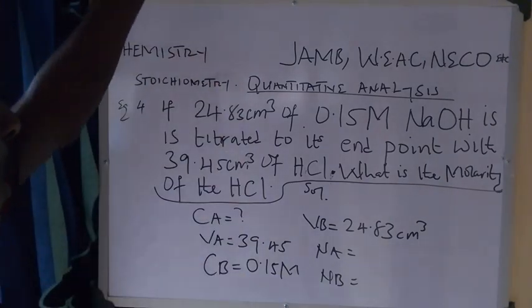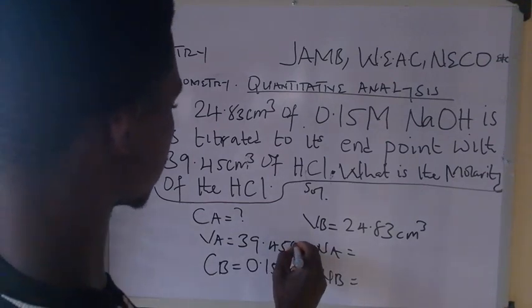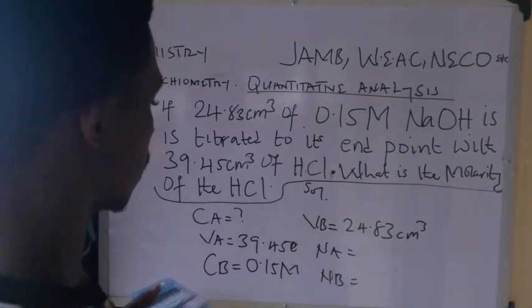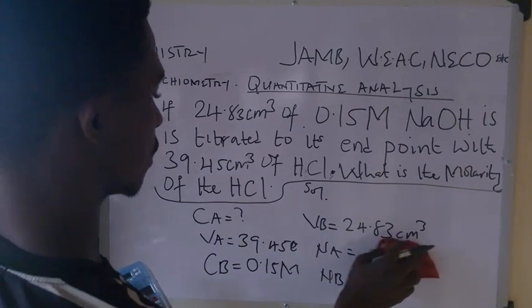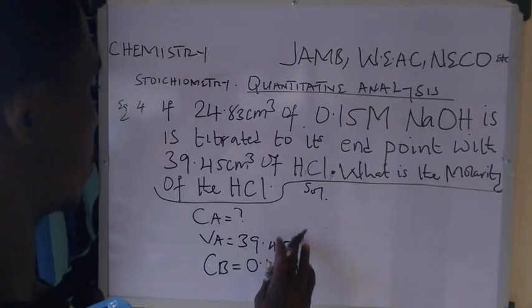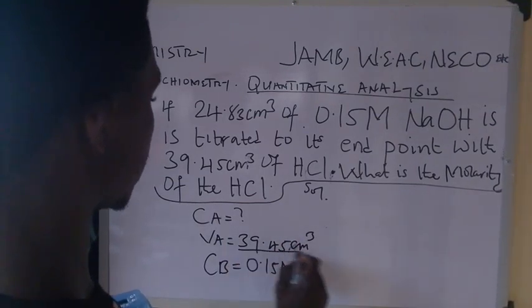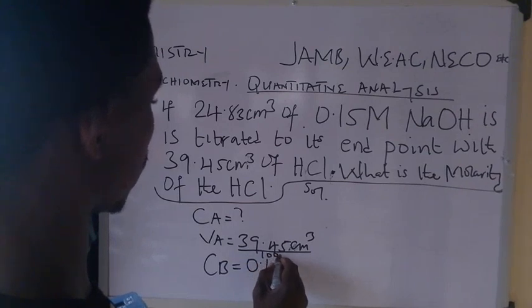Now, like I always told you, your volumes are always volumes. If the volumes are given in cm³, convert them to dm³. How do you convert cm³ to dm³? You divide by 1000.